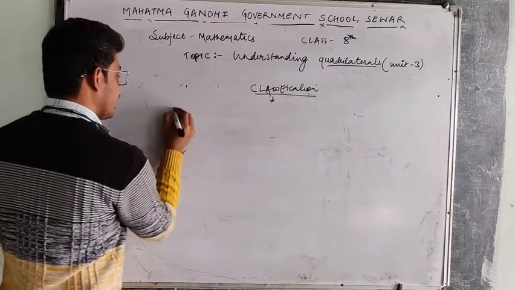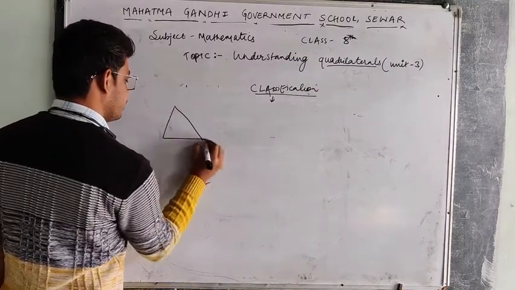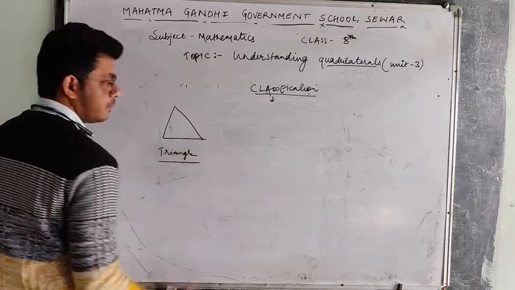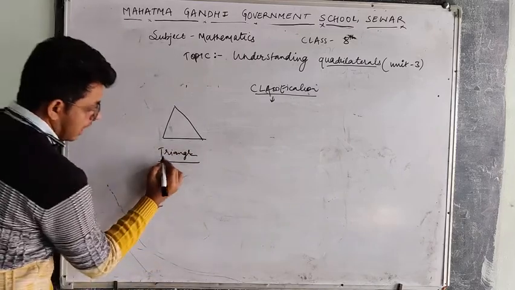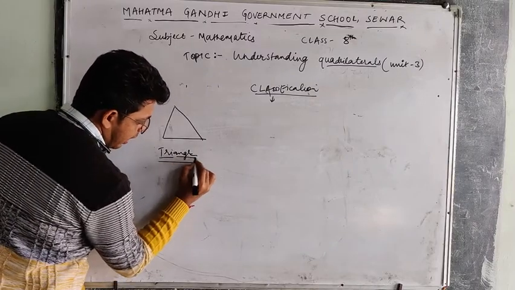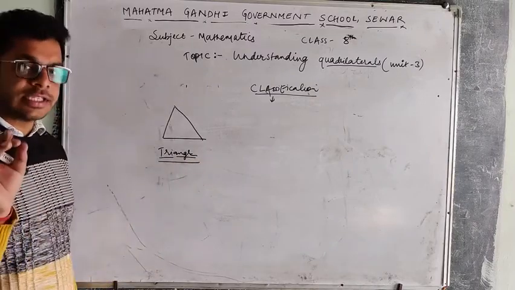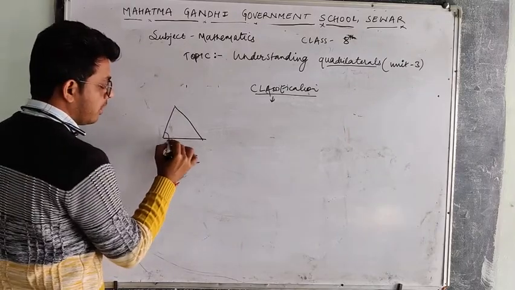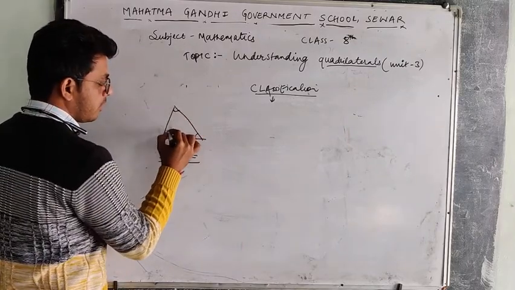First is triangle. What is a triangle? As the name suggests, anything which has three angles is called a triangle.